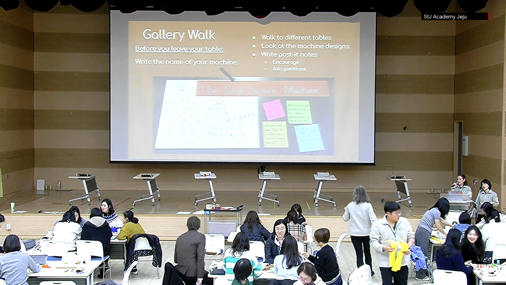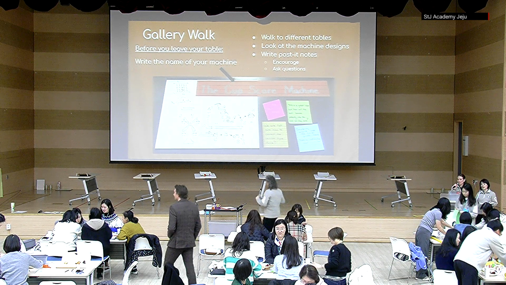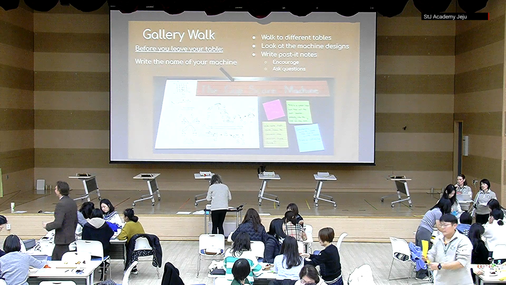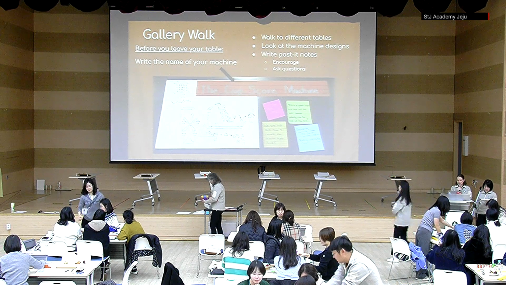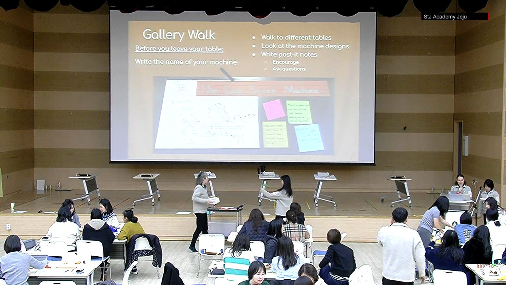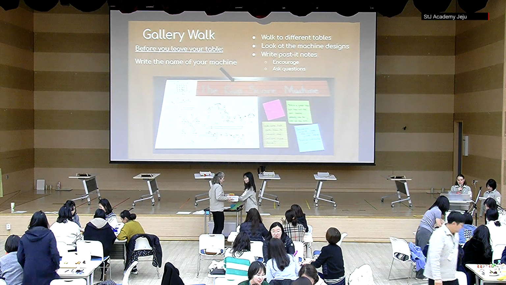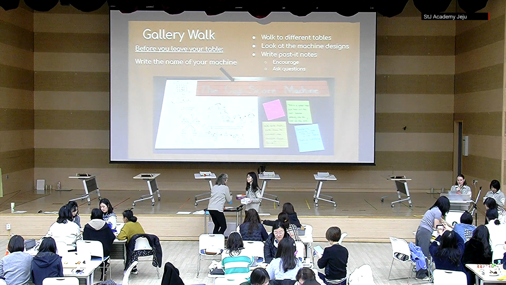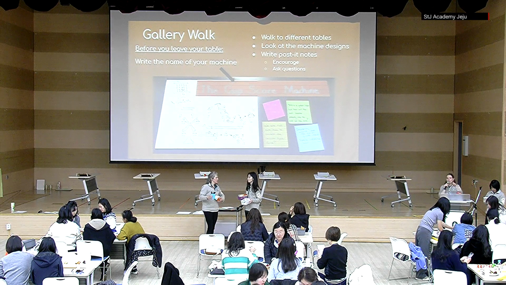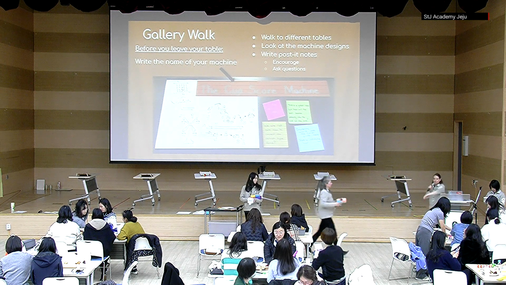What we're going to do now is we would like to encourage each of you to walk around to the different tables and look at the different machines that have been designed. But before you begin your walk around, we've given you a sentence strip.